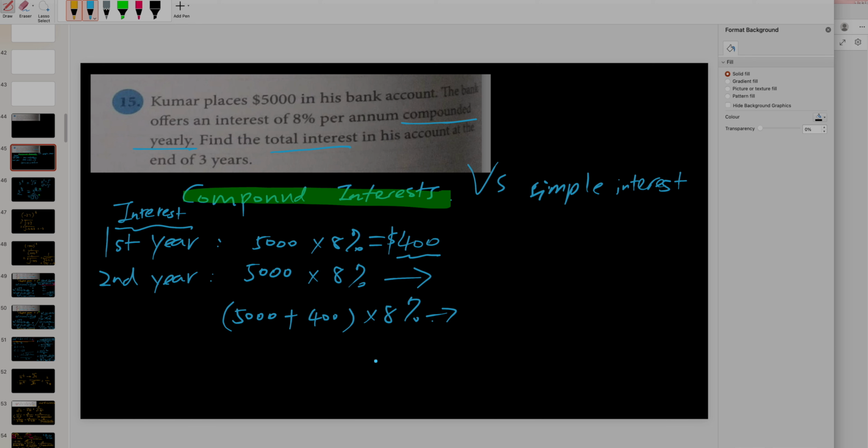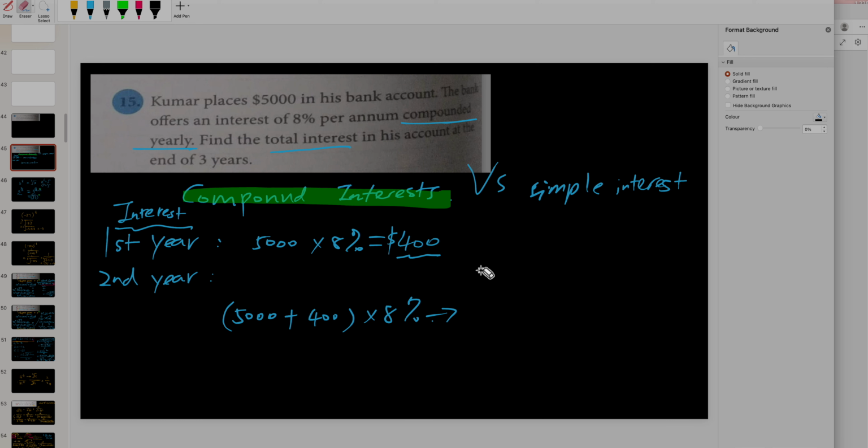This interest after first year belongs to who? The $400. The bracket 5,000. Yeah. You should take the second one, right? Because this is compound interest. So the meaning of compound interest means the first year interest is yours to keep. So your next year you will start off with 5,000 plus the 400.